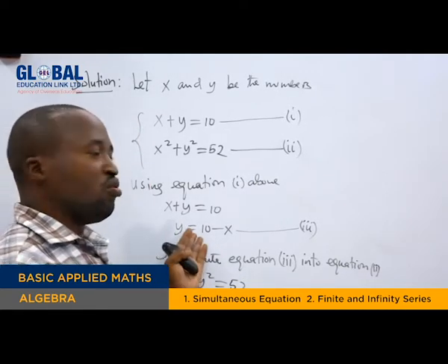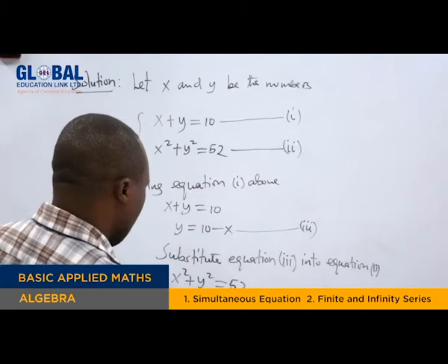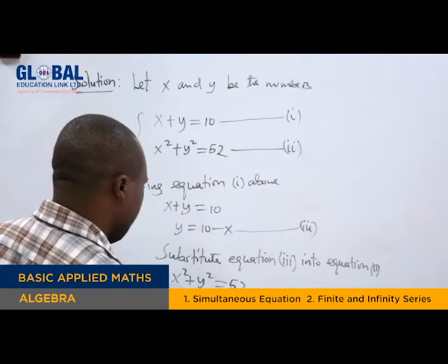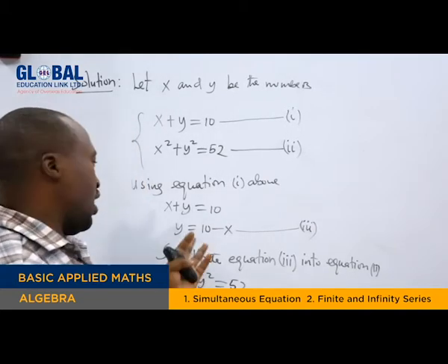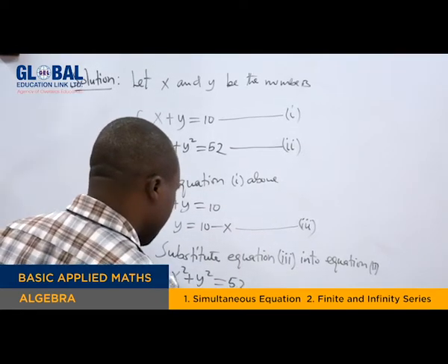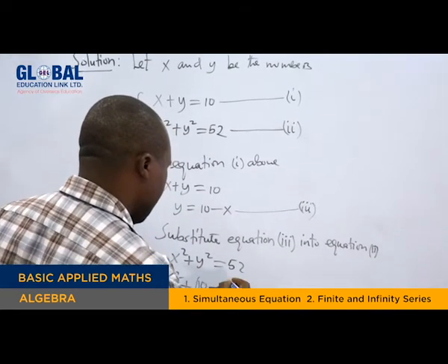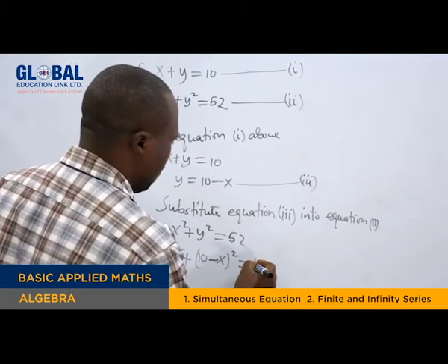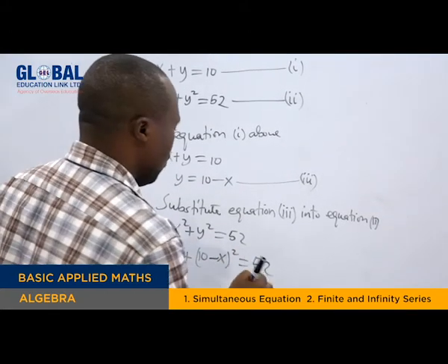But remember, y is equal to 10 minus x. So we say x squared plus, now y becomes 10 minus x, so we have (10 minus x) squared, which is equal to 52.